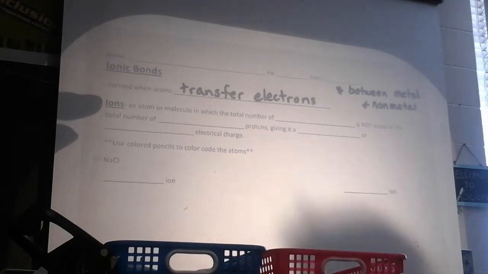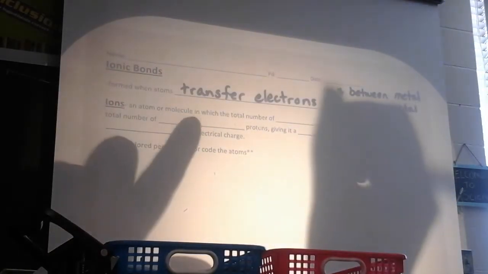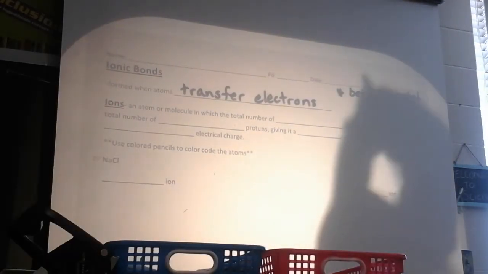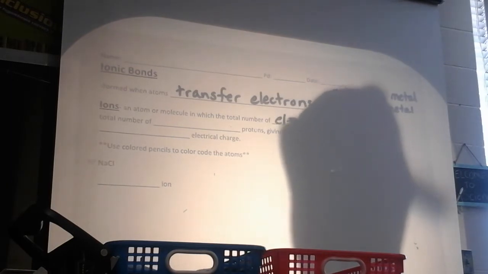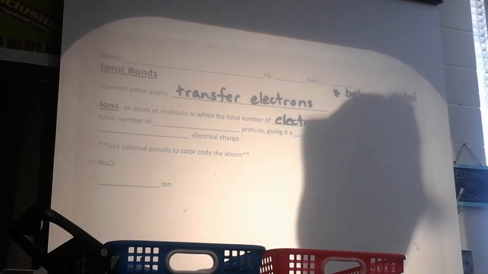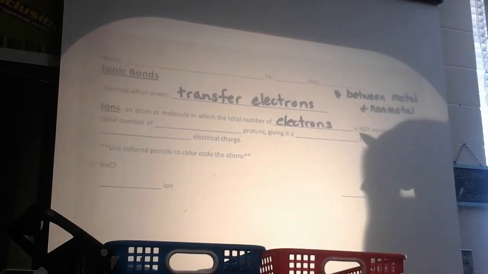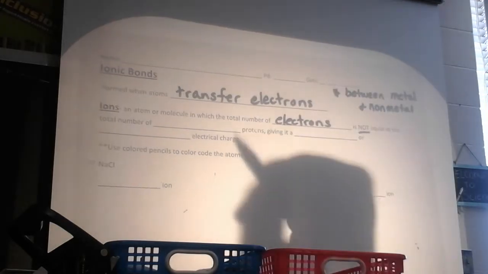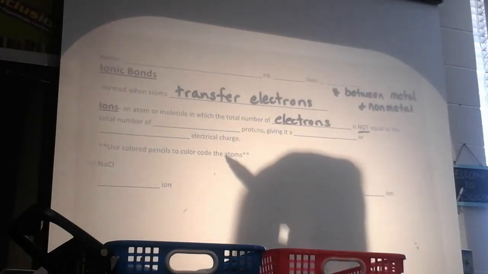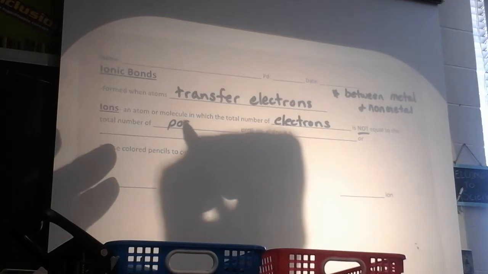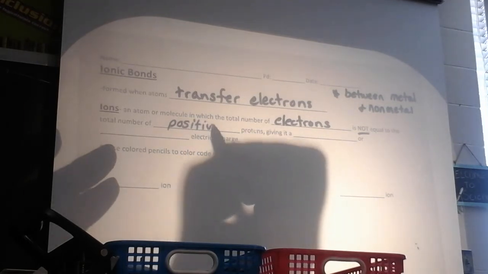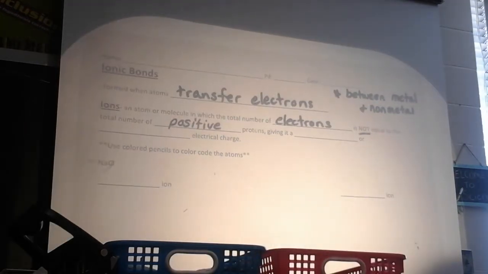An atom or molecule in which the total number of electrons, this is a review, definition of ions, is not equal to the total number of, what kind of charge do protons have? Positive protons. So we've got positive protons and negative electrons.